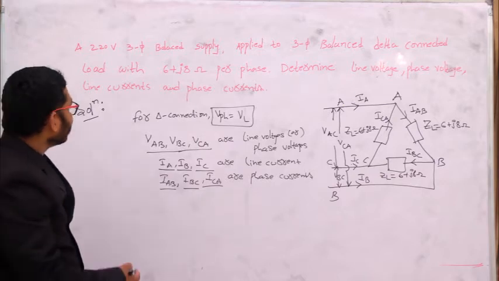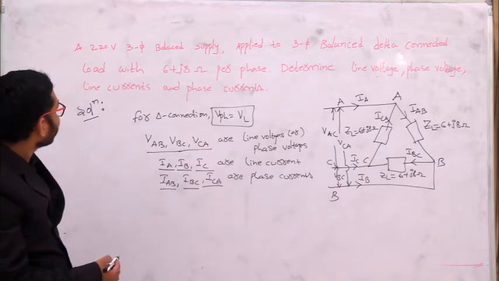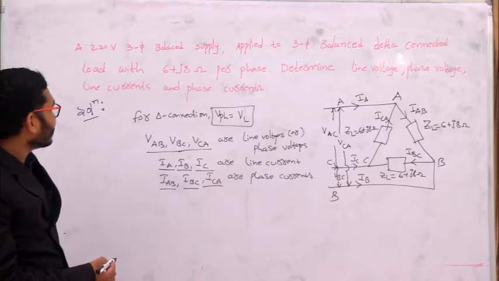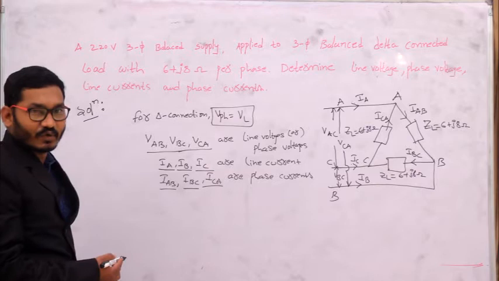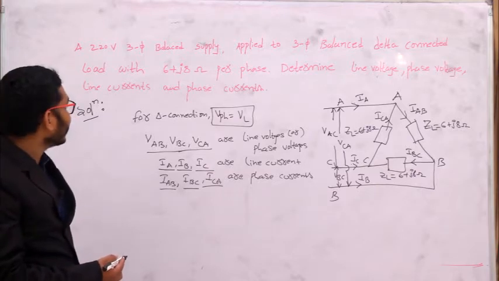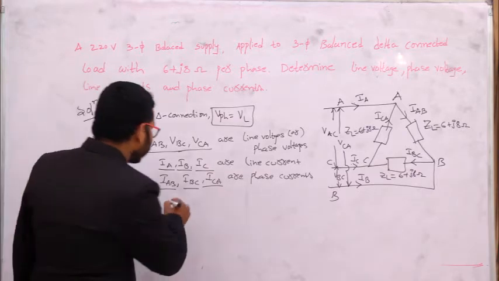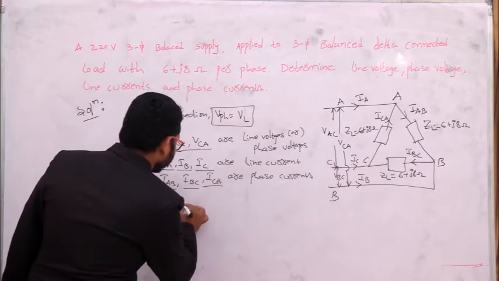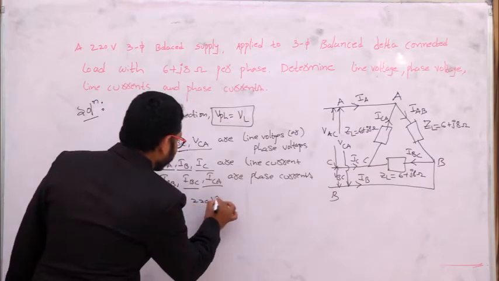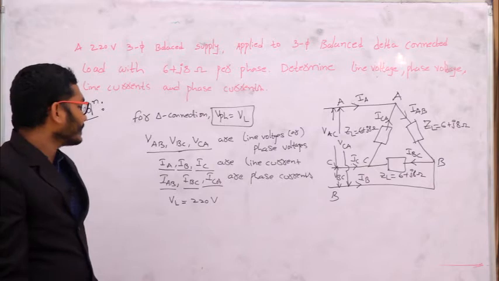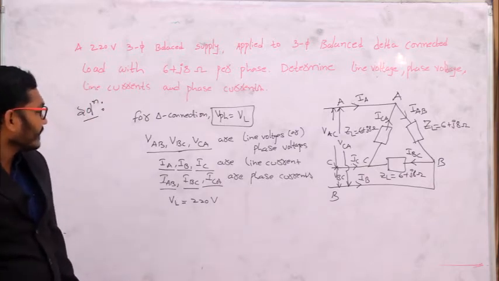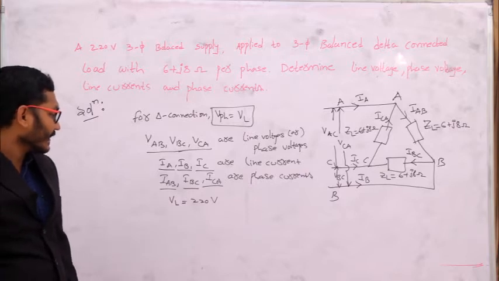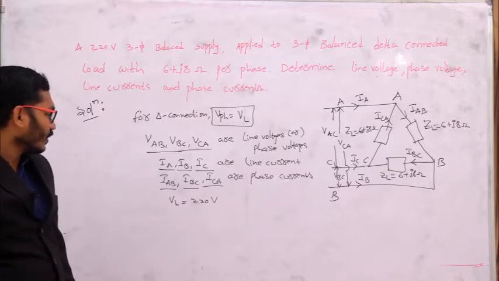In the problem he has given a 220 volts three phase supply. He did not mention whether this is phase voltage or line voltage, so by default you can take it as line voltage. So line voltage is 220 volts. How do we represent these voltages?